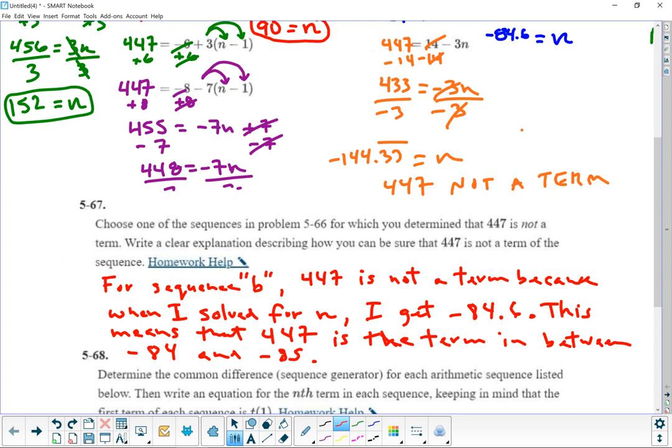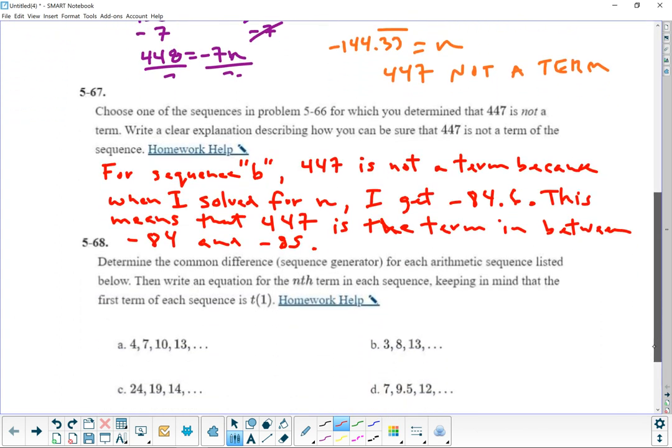Okay, so that's what I'm going to say. Because negative 84.6 is not quite negative 84 and not quite negative 85. It's in between, which means that to get 447, it has to be in between negative 84 and negative 85.